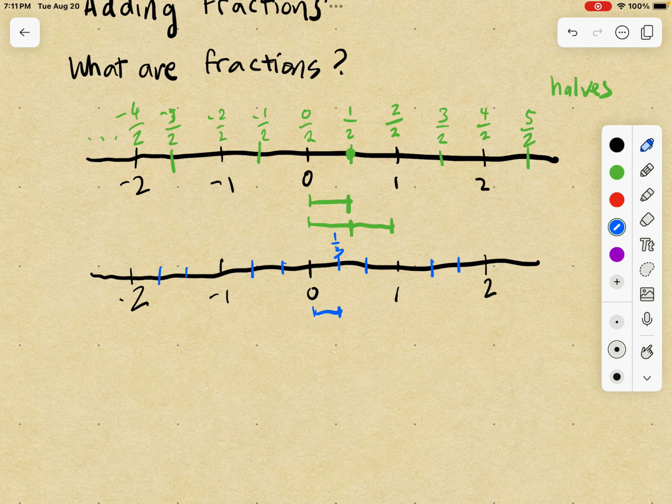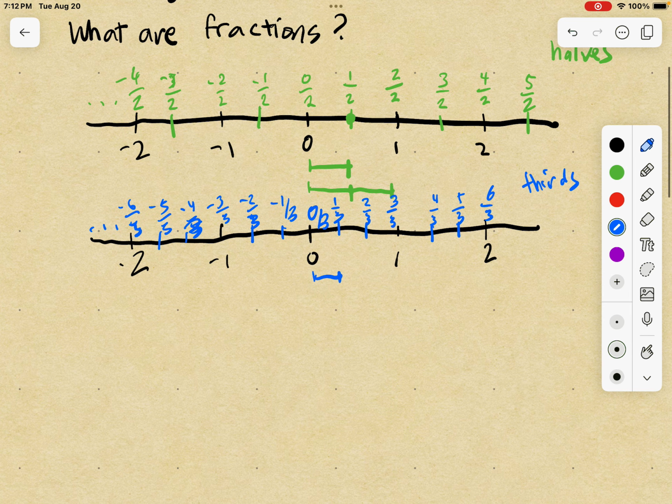So here's 1/3 on the number line, here's 2/3, 3/3, 4/3, 5/3, 6/3, etc. And here's 0/3. And again, when you go backwards, it's negative. So it's -1/3, -2/3, -3/3, -4/3, -5/3, -6/3, etc. So these are the thirds.